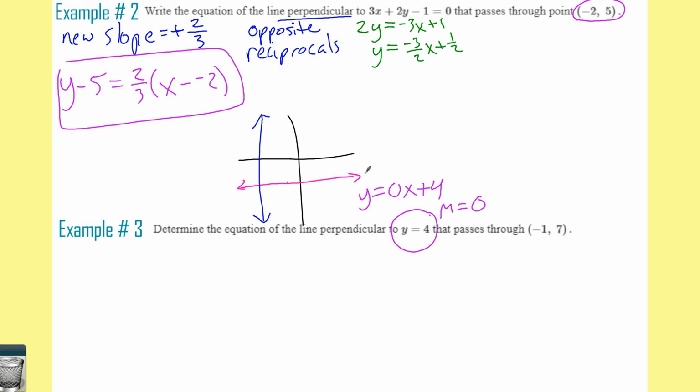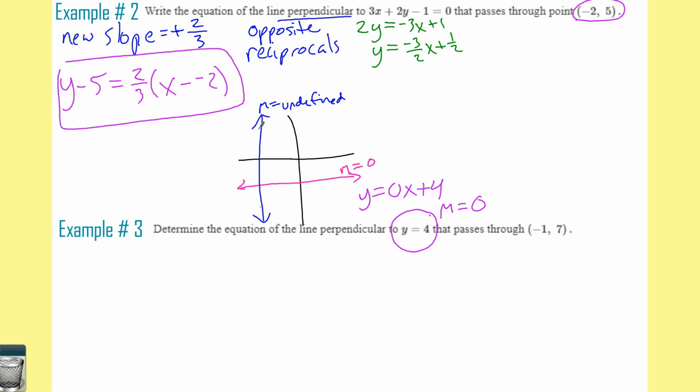This is horizontal. I can run horizontally. I can't run vertically. So the slope of a horizontal line is 0, and the slope of a vertical line is undefined. I can run this way, so it makes sense to have a real answer for a slope.